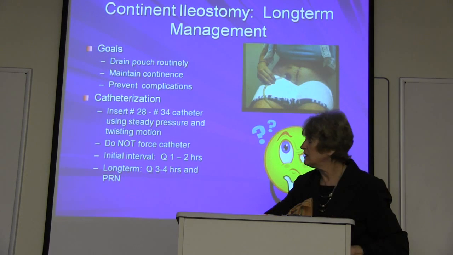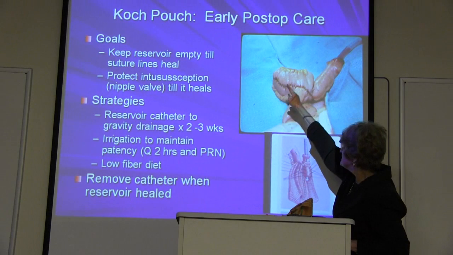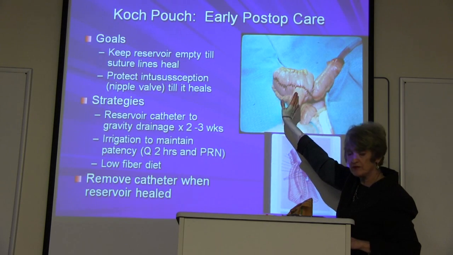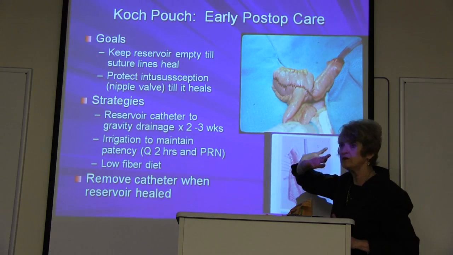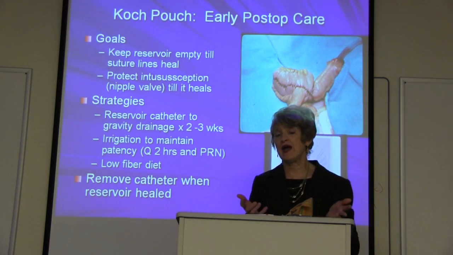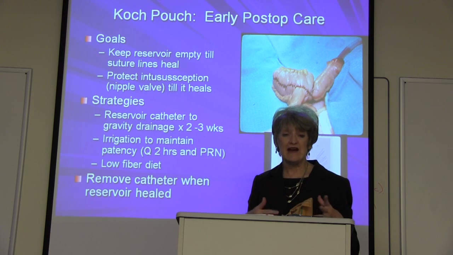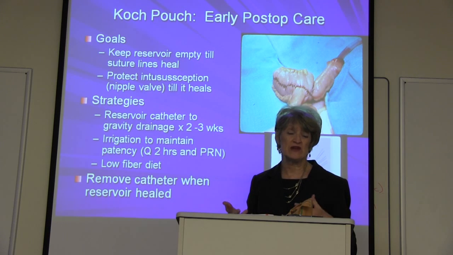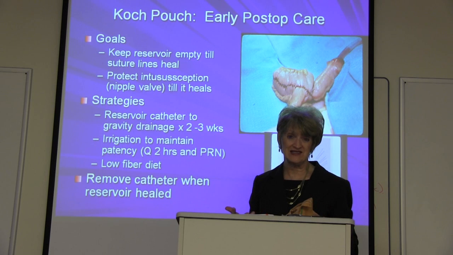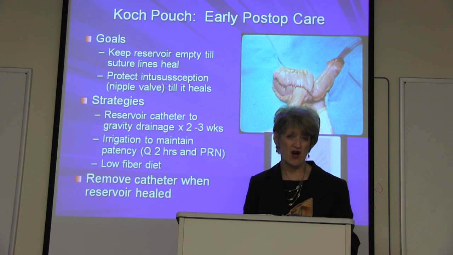Go back. You can see this is a pretty small reservoir. It's not going to hold a lot. Think about the fact that average output from an ileostomy, even after the first 2 weeks, is somewhere between 500 cc's and 1,000 cc's a day. And the baby reservoir holds 50 to 75.